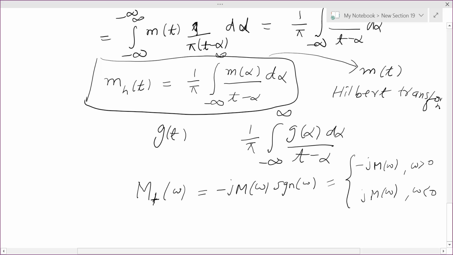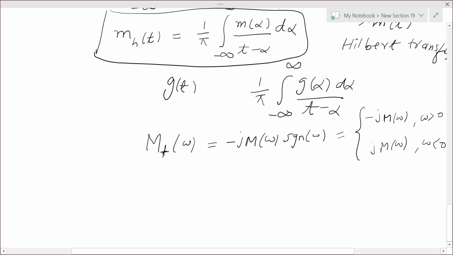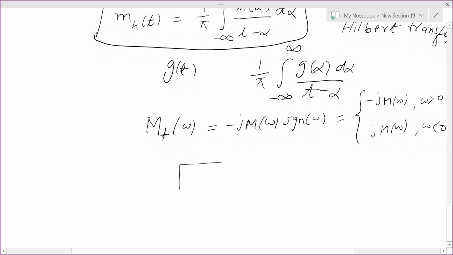Now what is this j and minus j? We can look at it in a different way.